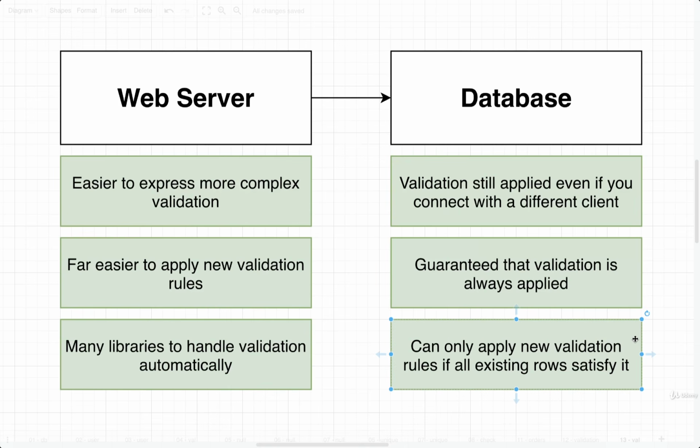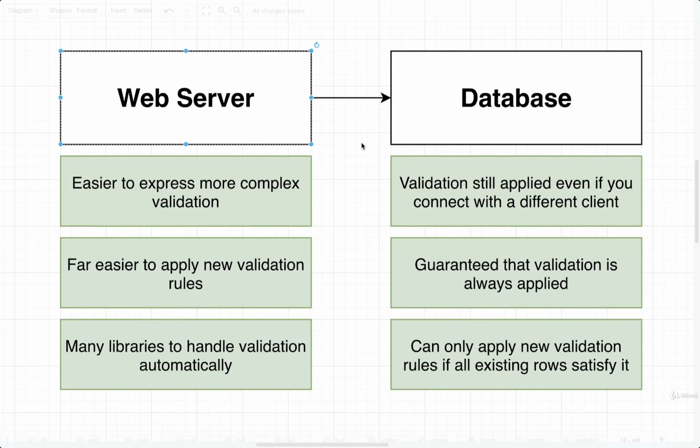It means that whenever we apply some validation rule, we are guaranteed that all of our data passes that validation, and there's no existing data inside of our database that doesn't satisfy it. If we add some new validation rule into our web server, it's entirely possible that there might be some records inside of our database that don't satisfy that new validation. And so we might have some data that is technically half valid and half invalid if we just add validation rules into our web server alone.